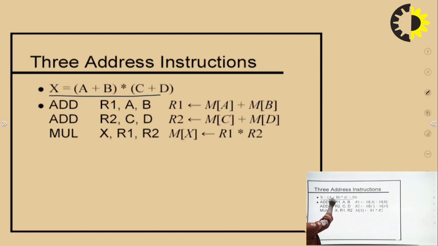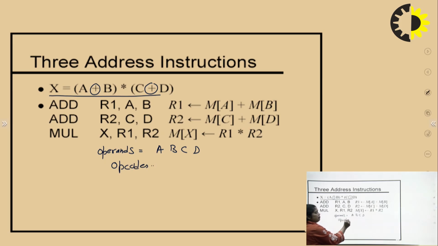First of all, consider the opcodes and the operands. Operands are the variables on which you are performing operations. Here the operands are A, B, C and D. Opcodes are whatever operations you are performing on the variables, like plus, minus or whatever.